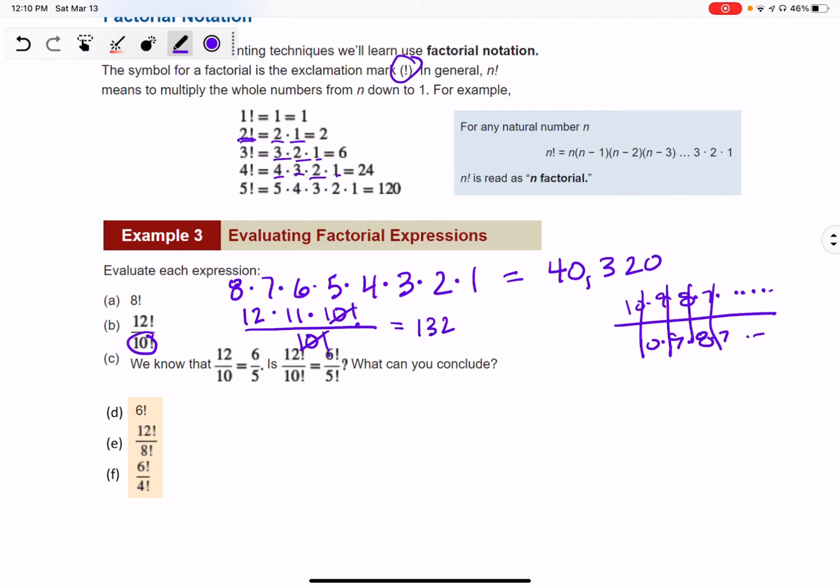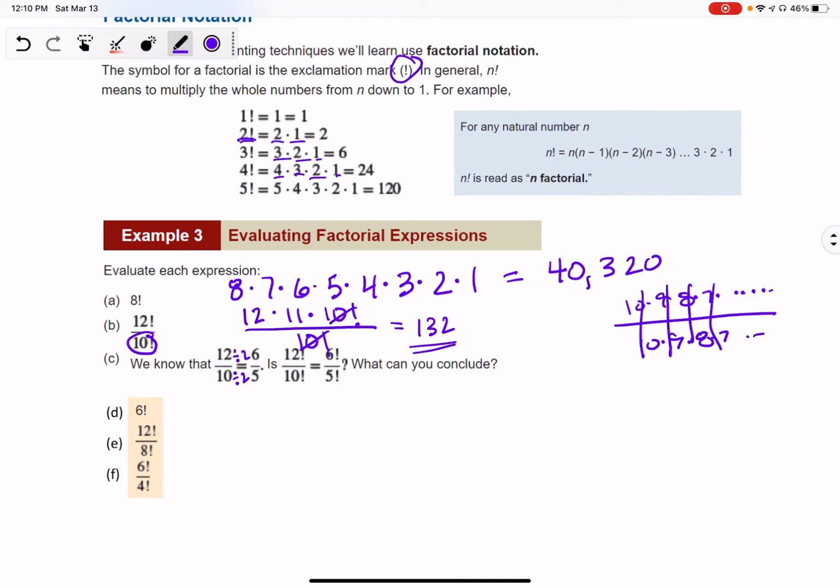Now, we know that 12 tenths can reduce down to 6/5 by dividing by 2. So is 12 factorial divided by 10 factorial the same thing as 6 factorial divided by 5 factorial? What can you conclude? Okay. So we know that 12 factorial over 10 factorial is 132 because we just did that problem.